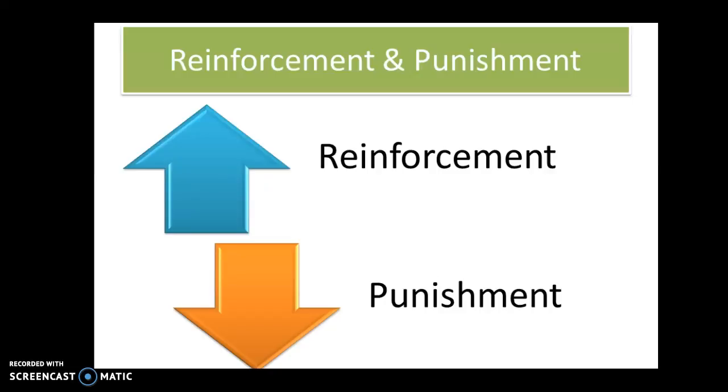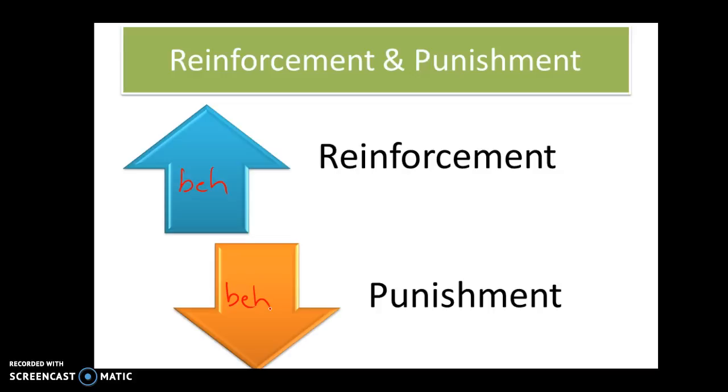One thing that can often confuse AP students is the difference between reinforcement and punishment. One of the easiest and simplest ways to think about this is that reinforcement always increases a behavior. Behavior is always the goal: the likelihood that behavior will continue, we use reinforcement.